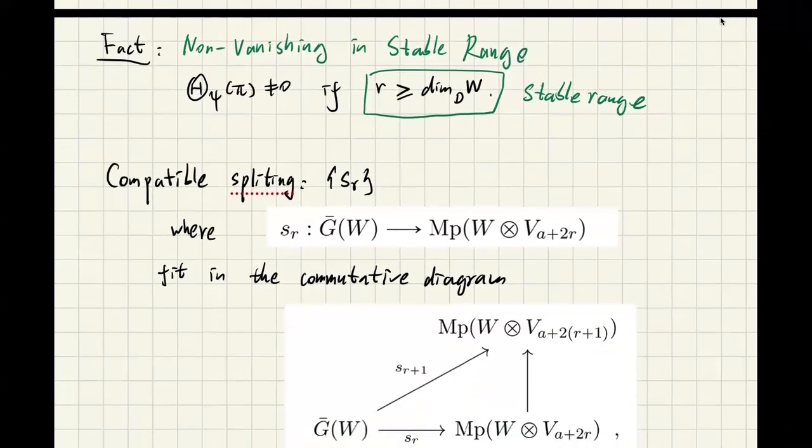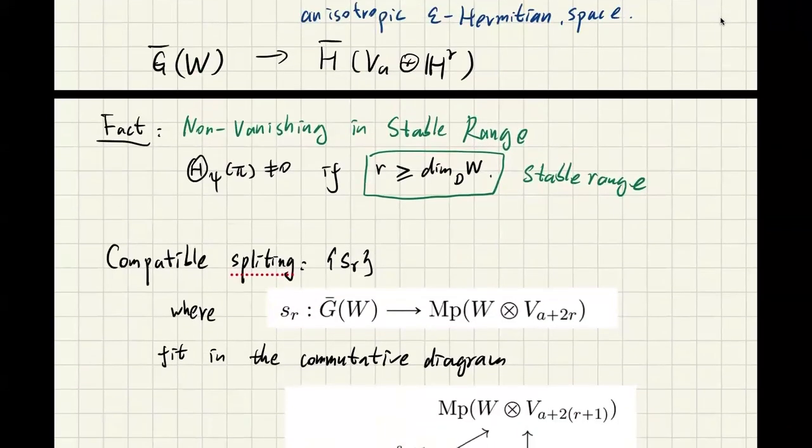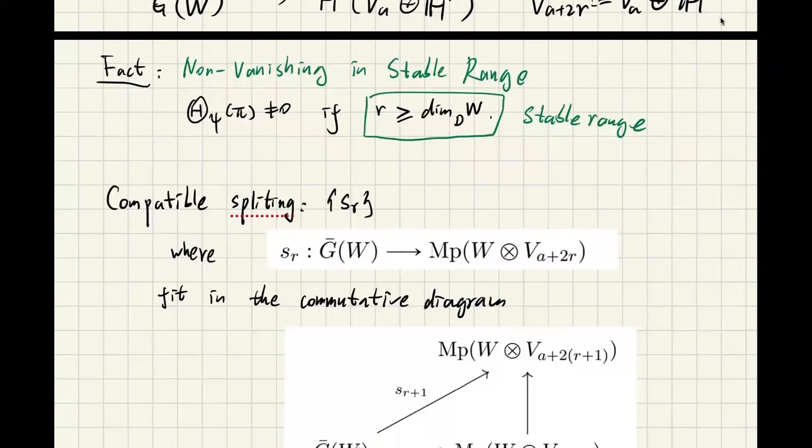In this case, we need to consider the following situation. This V_{A+2R} is by definition just V_A plus hyperbolic space, so A plus 2R is just the dimension of the vector space.